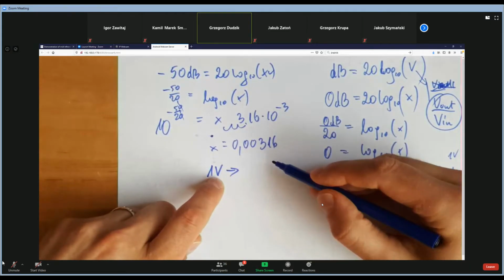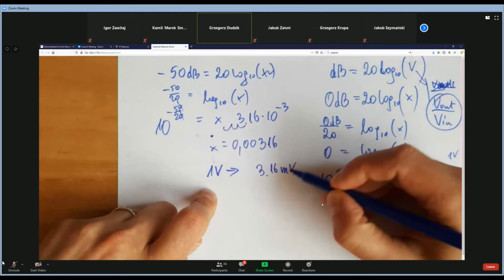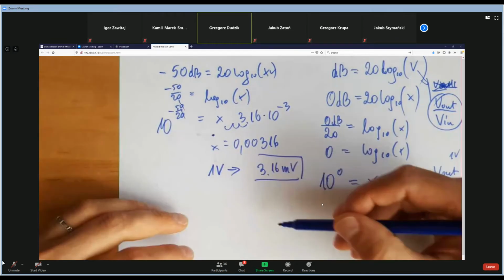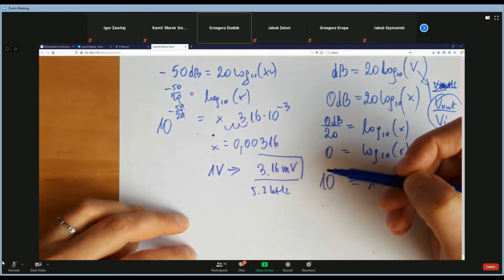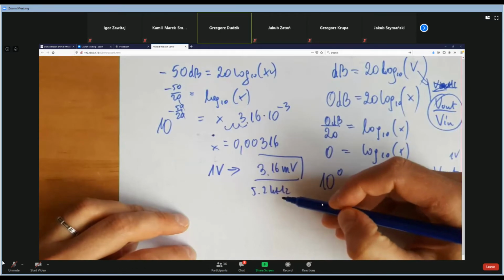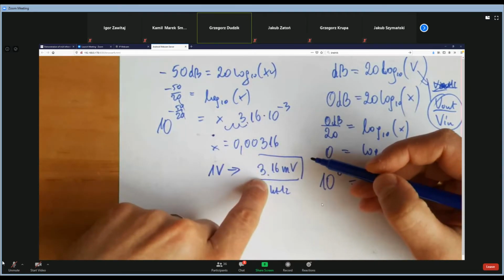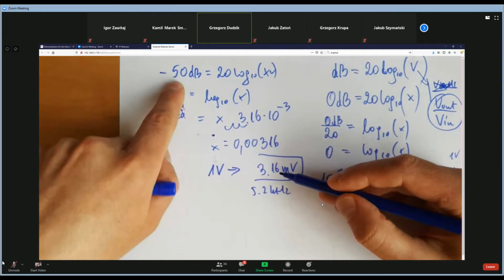So it will be 3.16 millivolts. For the frequency, I don't know, 5.2 kilohertz, that frequency is attenuated from 1 volt to 3.16 millivolts. And this corresponds to minus 50 dB.